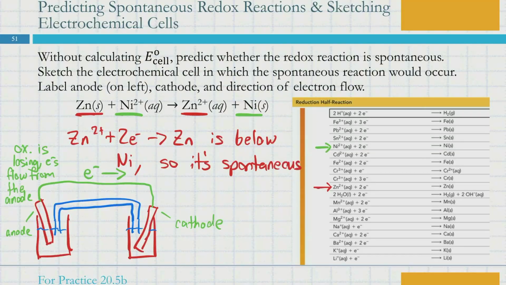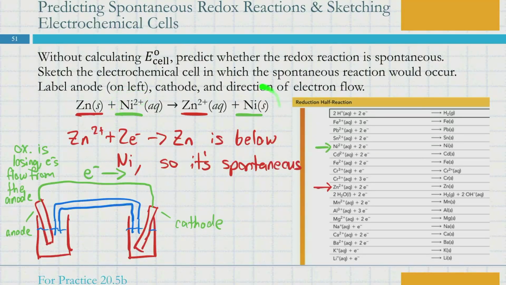And then we have to think about, in our chemical reaction, which of these is undergoing oxidation. It's not nickel. So nickel is going from 2 plus to neutral. Its charge is decreasing, meaning it's picking up electrons.